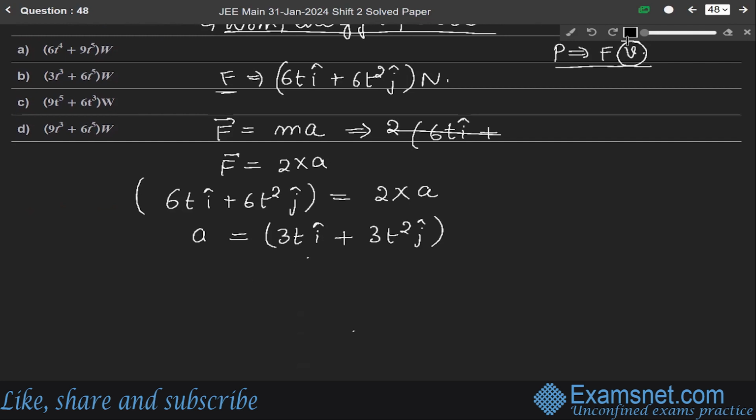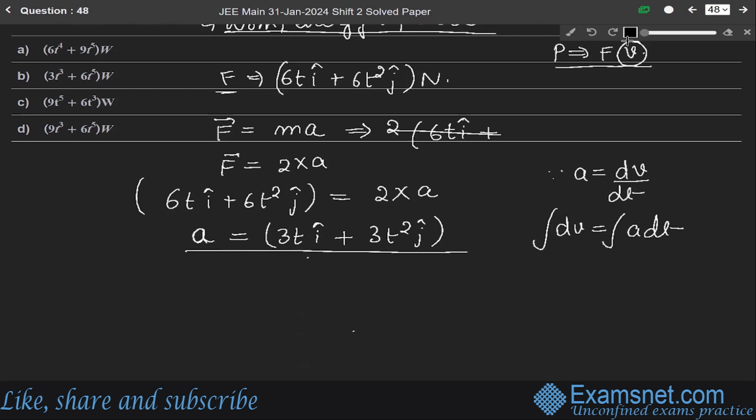Now we are given the acceleration, and we have to find the velocity. Since acceleration is equal to dv over dt, dv will be equal to a dt. Now integrating this, we get velocity equals the integral from 0 to t of a dt.